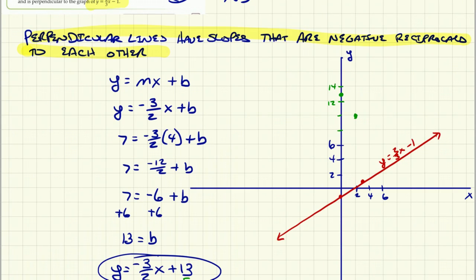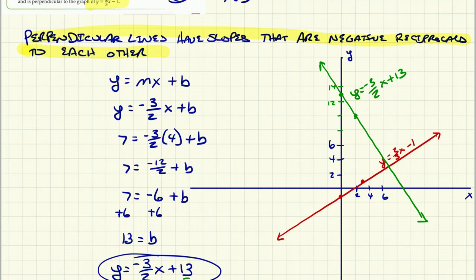Get my straight edge. And we are going to connect the dots here, and I'm going to draw right through my equation, but that's okay. So there we go. That's our perpendicular line, the line y equals -3/2 x plus 13.